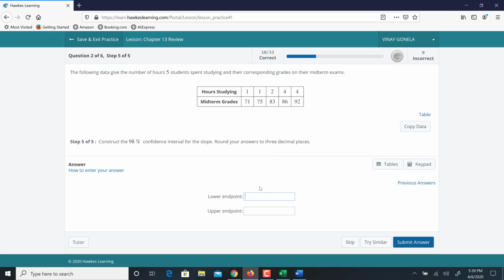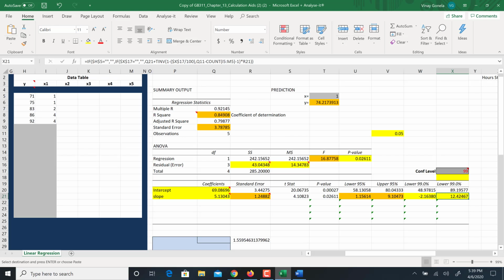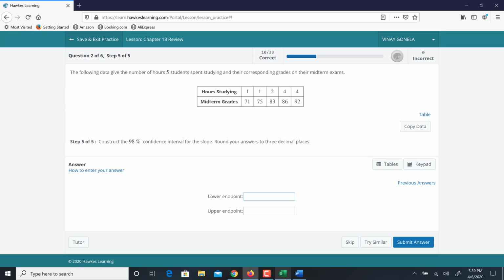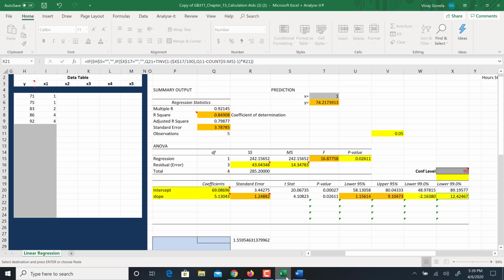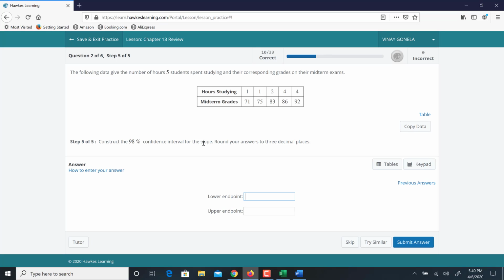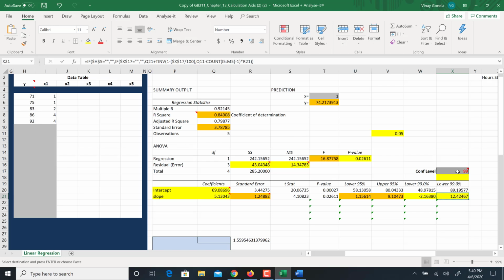And then they are asking for a 98% confidence interval. Let me check if this problem is the same. Yeah, so now the 98% confidence interval for the slope, that is what the question asks. So I will go here and do 98%.